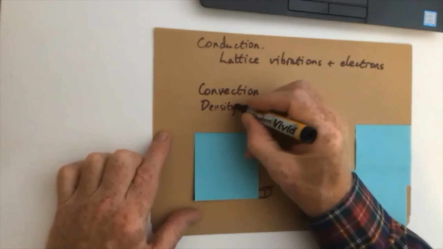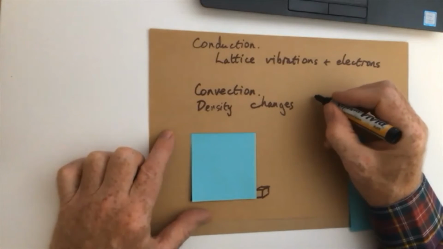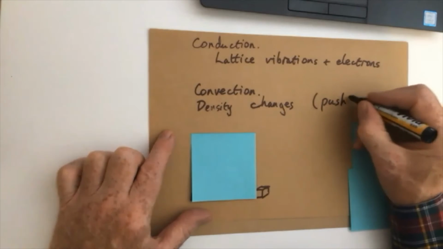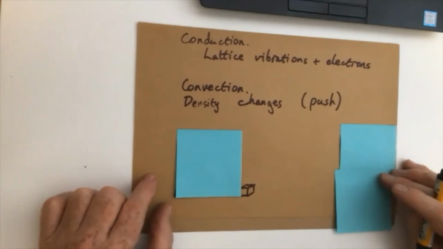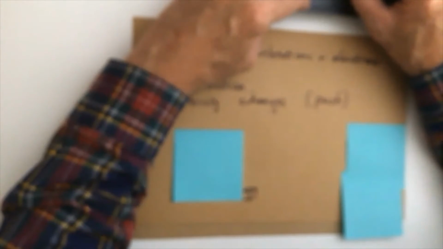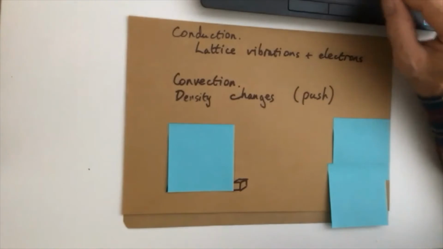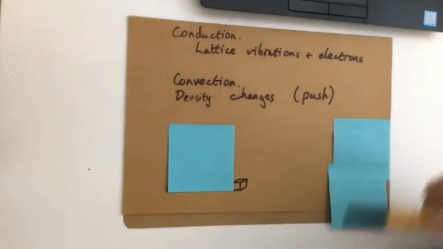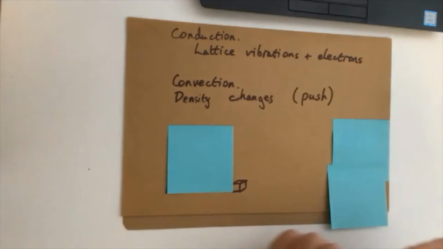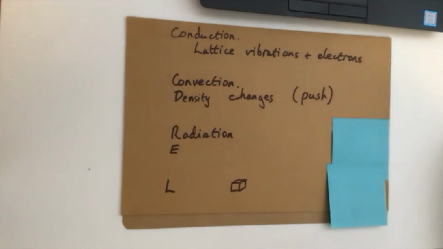We no longer say the hot air rises; we say that the movement, whether it's smoke or water, is happening because it is being pushed up. There's a push due to density changes. Yes, that is an N. Well spotted, those guys.